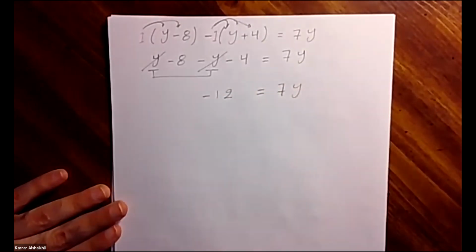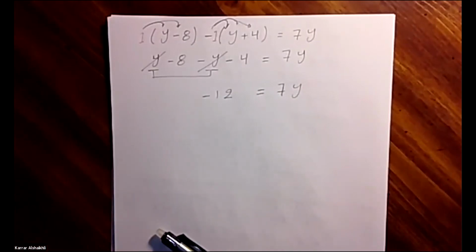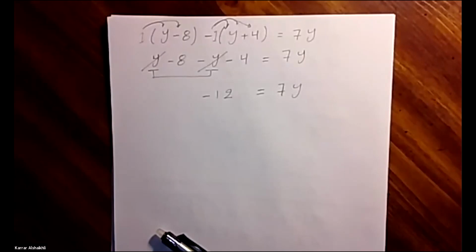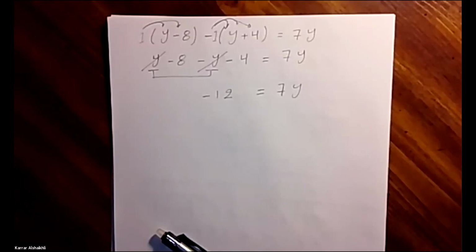7y. Now tell me, I'm going to put a star on your name if you tell me what's the next step. We have to divide. Divide by what? Divide both sides by which number? By -12? No. 7y, so you can divide both sides by 7.